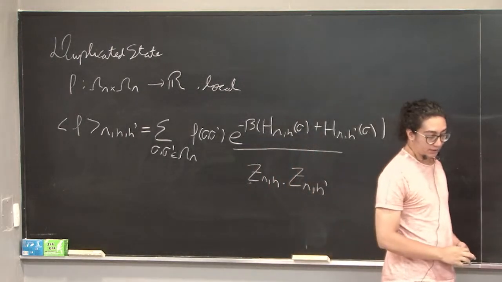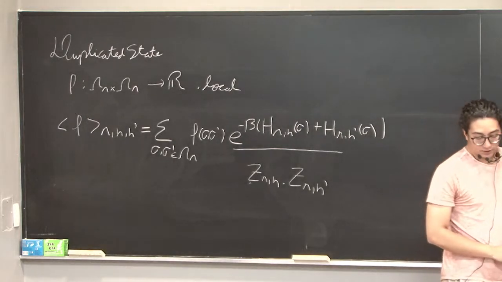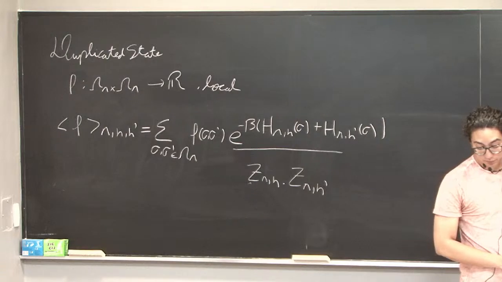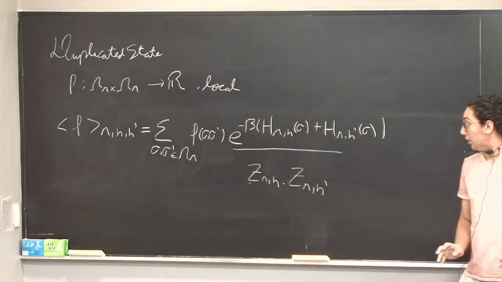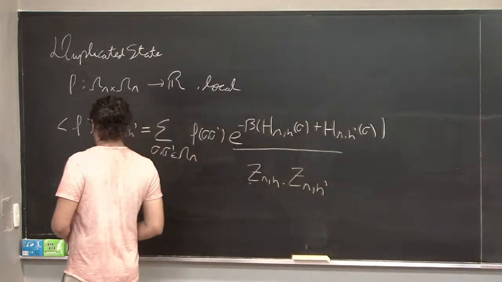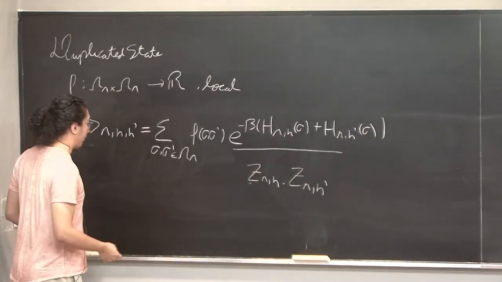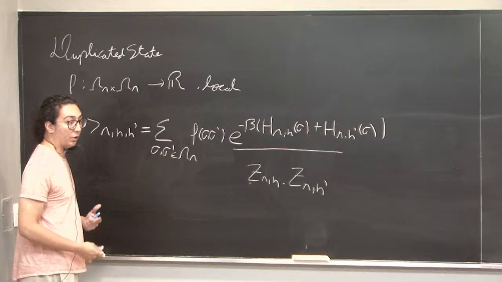For these states, again, let me show some important definitions. First of all, we know the local functions we actually care about, because you saw that local functions are always polynomials.